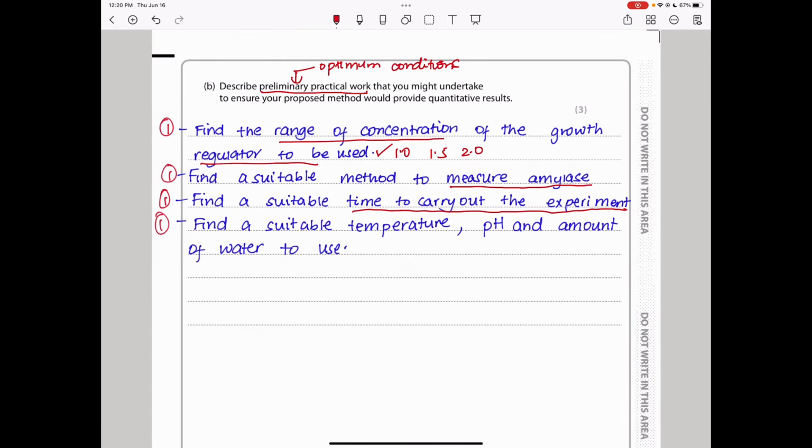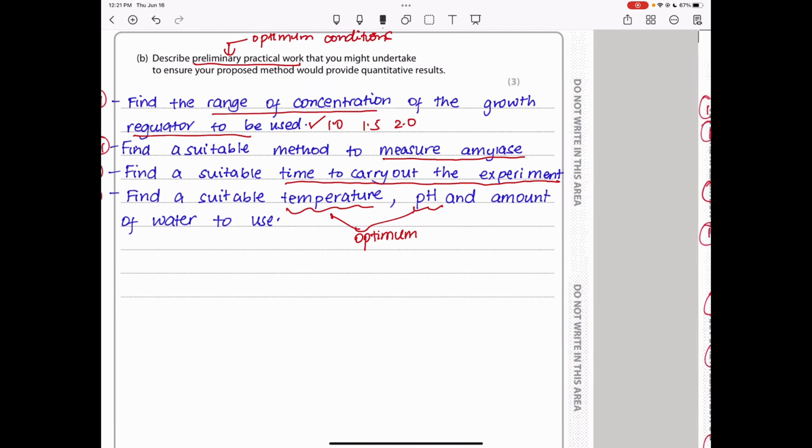An example, in this experiment, enzymes are involved, so we have to make sure the temperature and the pH are optimum. They have to be optimum for this type of reaction, or for the enzyme activity to work well. If they're not optimum, then these are going to lead to a decrease in the release of amylase, which would actually be bad as well. So let's go to the next part.